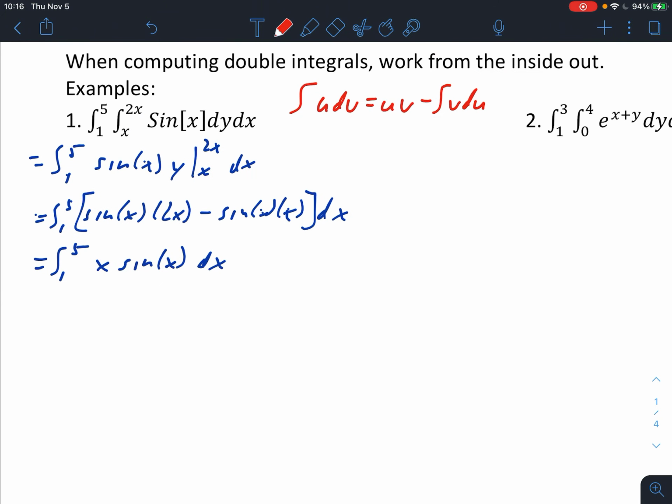So we're going to let u equal x, and we're going to let dv equal sine x dx. So then du is obviously just 1 dx, and v would be negative cosine x.